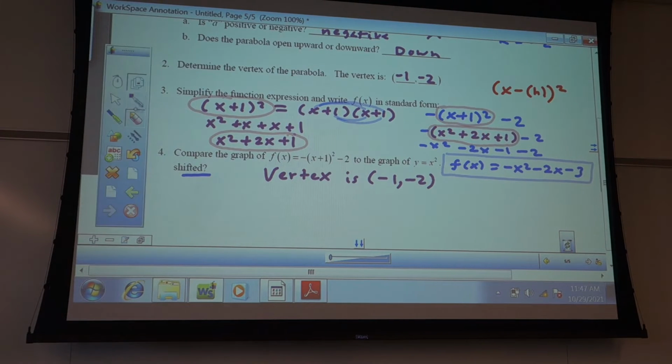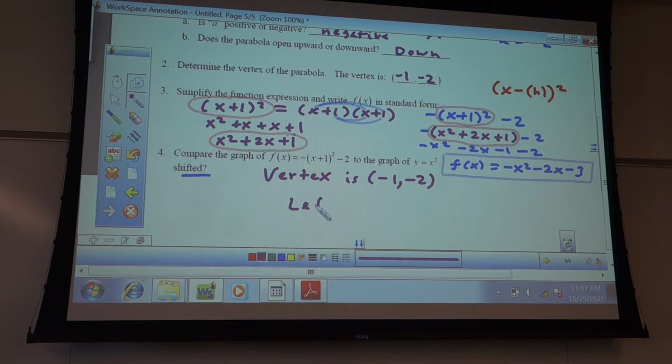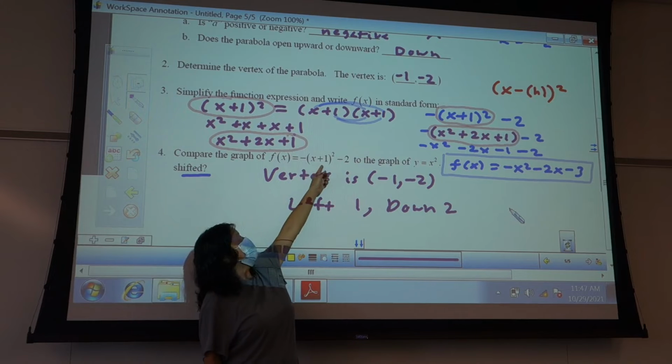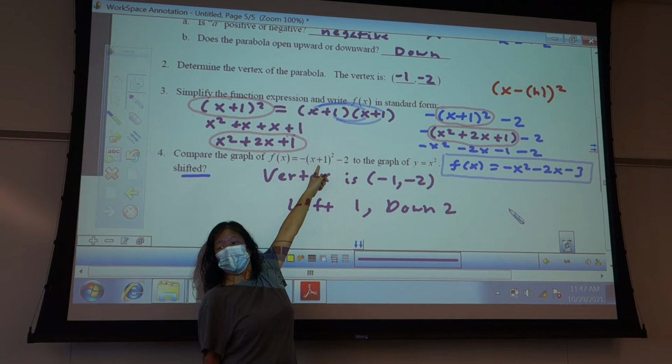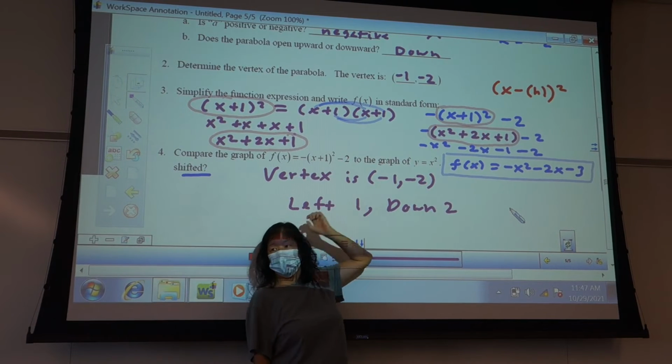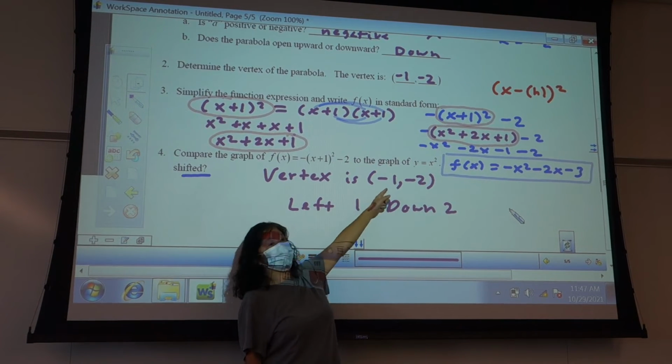So left 1, down 2. The left, even though the vertex is -1? The first one, x, is -1? The numbers, Eric, the numbers are true.